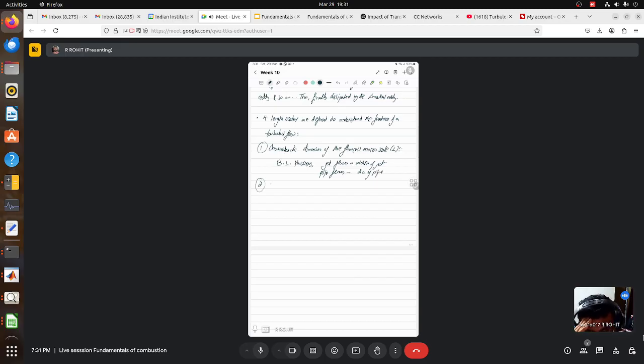Now the second scale is the integral scale, which is represented as L0, or it is also referred to as the turbulence macro scale. This is nothing but the maximum possible length scale in turbulence.